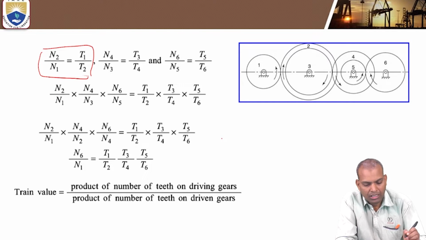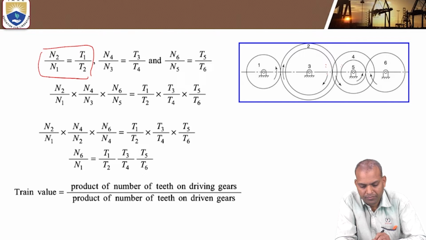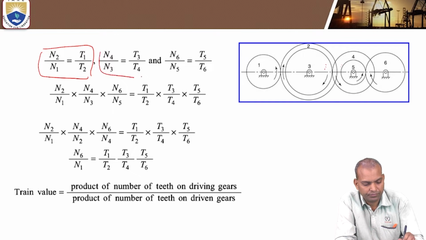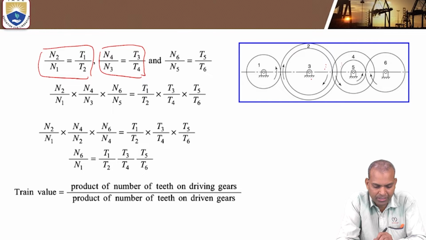Next, if we consider 3 and 4, N4 by N3 equals T3 by T4. Why do we consider gear 3 here and not gear 2? Because gears 3 and 2 are mounted on the same shaft, so gear 3 is in contact with gear 4. The speed of the follower gear by the speed of the driver gear equals T3 by T4. That is, N4 by N3 equals T3 by T4.